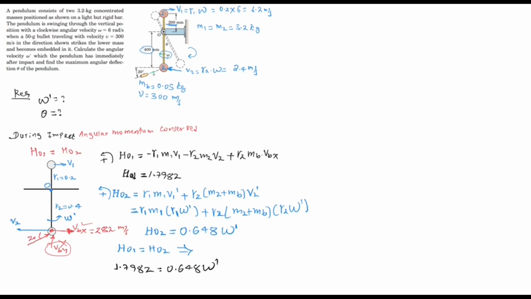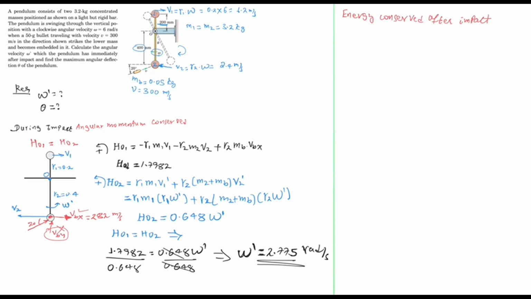So the only unknown parameter is omega prime, so divide this by 0.648, and then finally omega prime is equal to 2.775 rad per second. This is the new omega. That means the system is rotating with an angular speed of 2.775 after the impact.